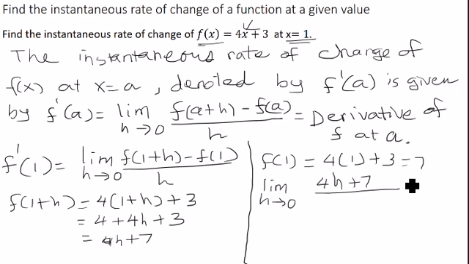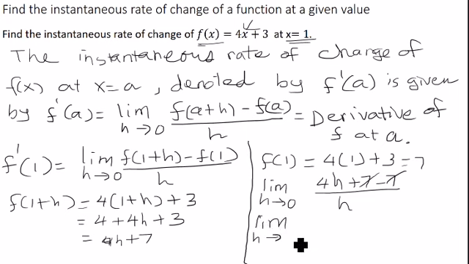So to find the limit of this type of rational functions, we have to be careful because there is a 0 in the denominator if you do the direct substitution. So the first thing you have to do is just simplify and factor out the common factors, all that type of thing. As you notice here, the 7 and 7 clearly cancel each other, so you have the limit as h goes to 0 of 4h over h.